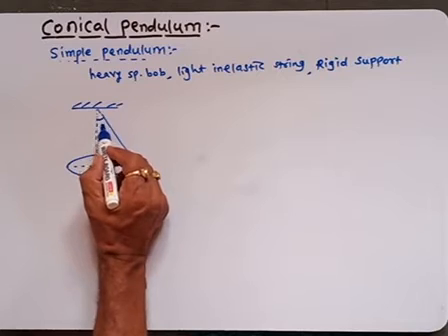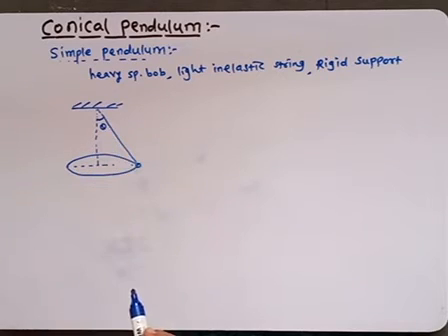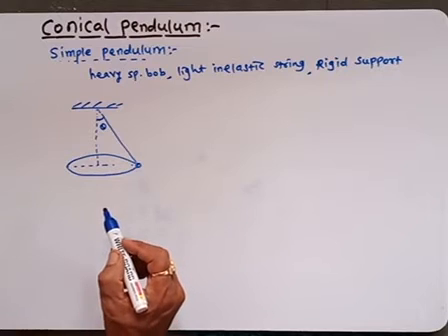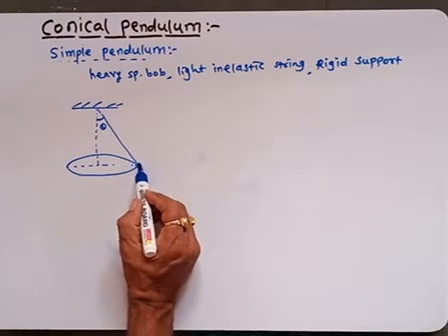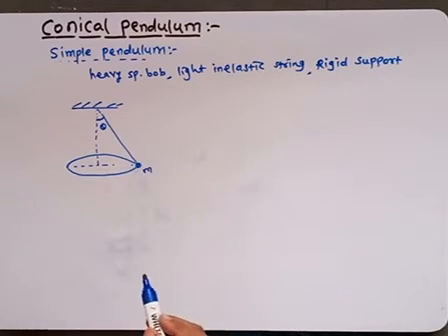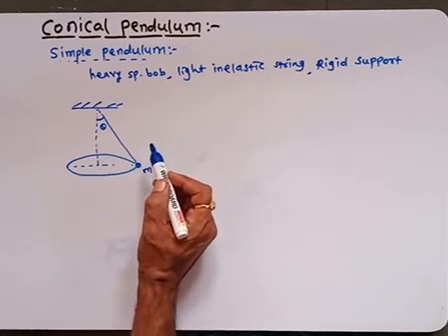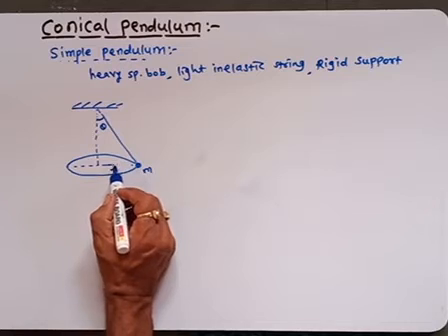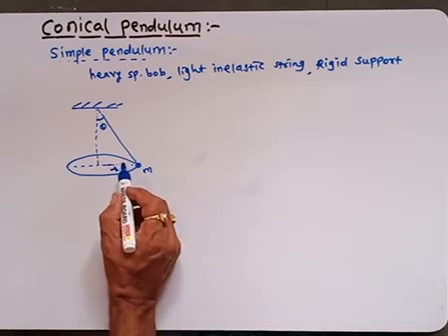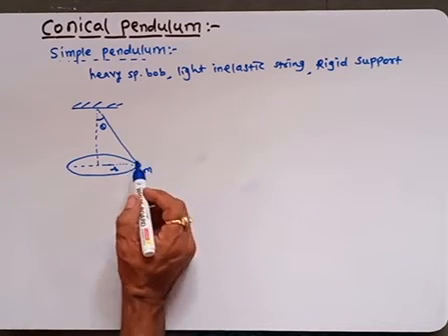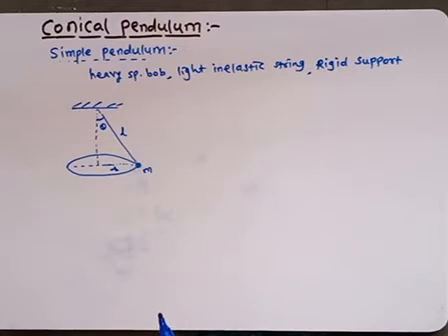Suppose this angle is theta. Suppose m is the mass of the bob, r is the radius of the circular track, and L is the length of the string.